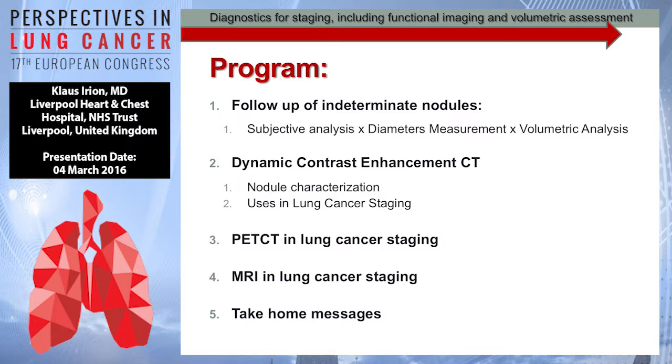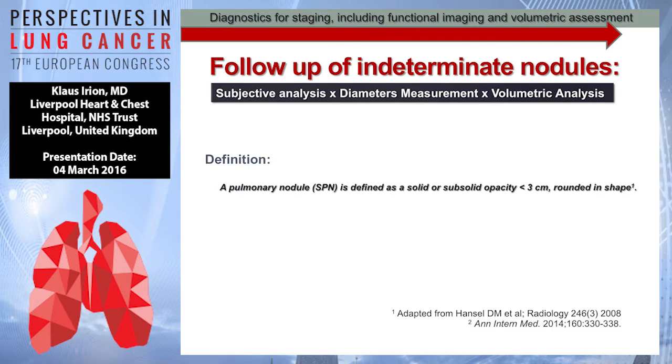A brief review on PET-CT scan for lung cancer staging, especially the results that we can get from that, and some alternatives to PET in centers that don't have PET, especially MRI in terms of lung cancer staging and definition of malignancy of a nodule. And our take-home messages will conclude the presentation.